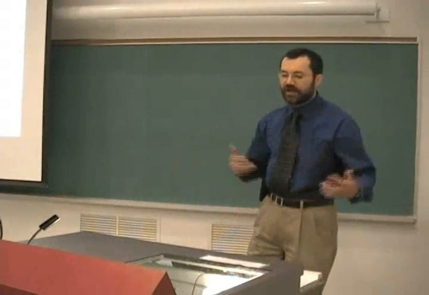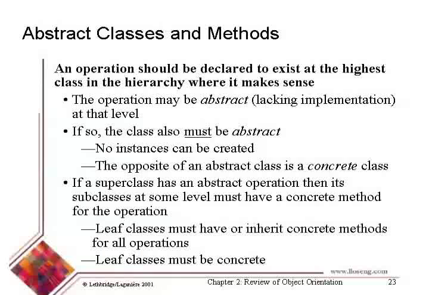Taking a look at abstract classes and methods in a little bit more of a formal way with some textual description of what they're all about. Okay, so first of all, an operation should be declared to exist at the highest class in the hierarchy where it makes sense. Okay, so if it makes sense to be able to rotate all two-dimensional shapes, then you should put the rotate operation at that level, even if you don't have any concrete method yet.